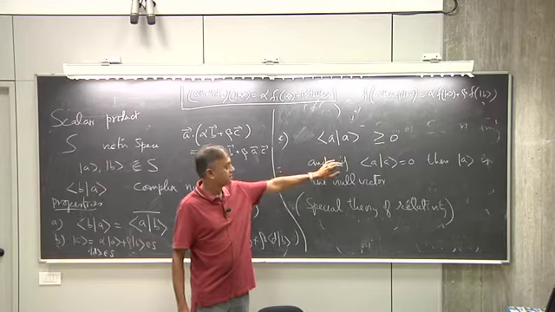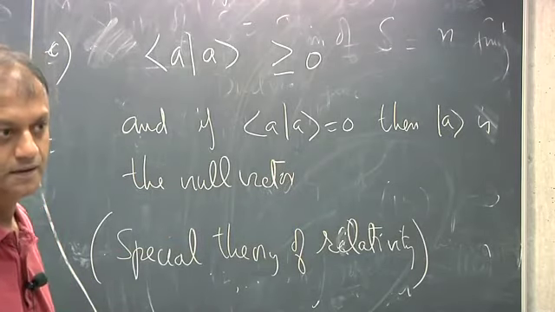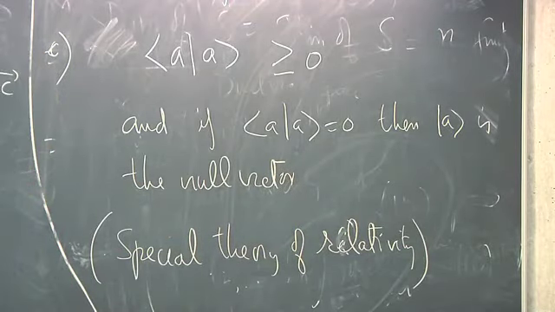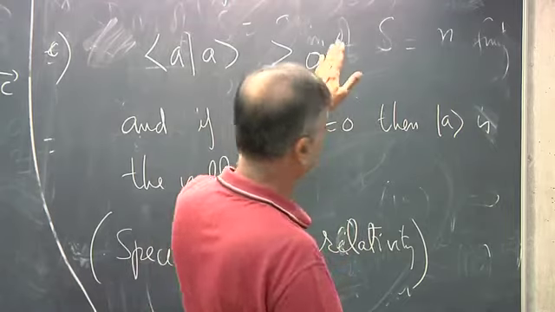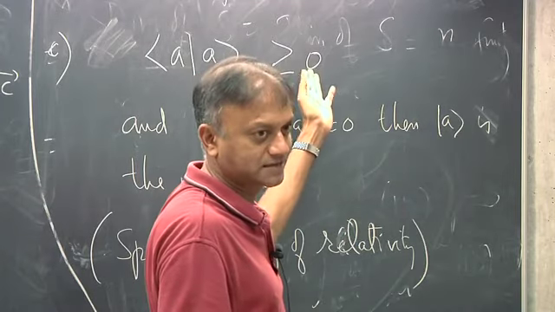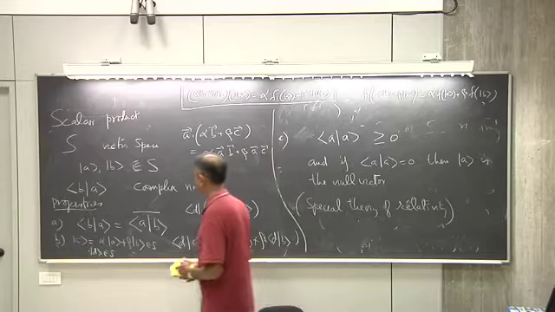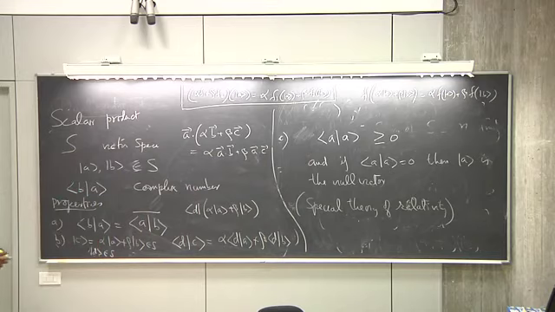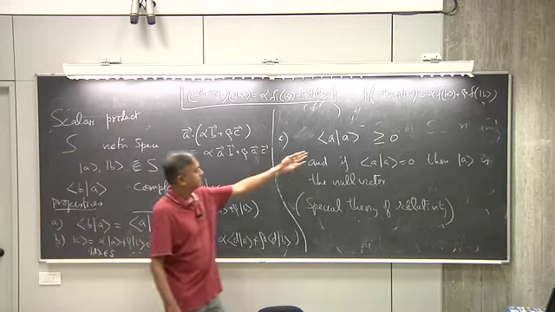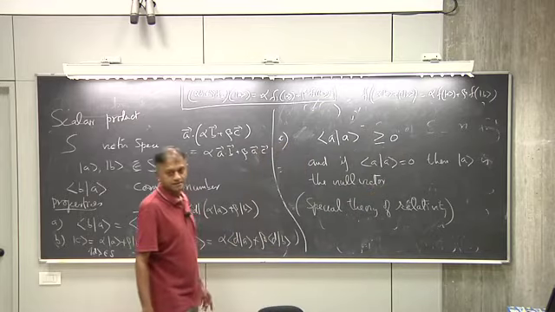So this will not cover special theory of relativity, but basically most of the other things it will cover. So this is just a caution that this can be relaxed. There are in fact physically interesting situations where this has to be relaxed. Okay. So these are the basic properties that this scalar product must satisfy: linearity and this positivity. Right? These conditions.